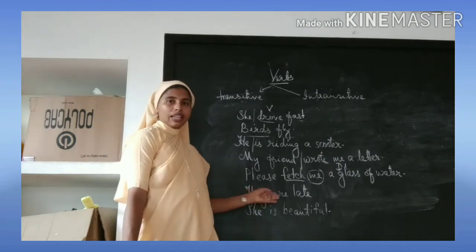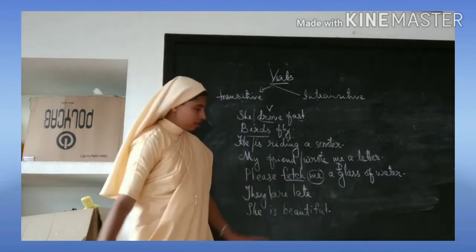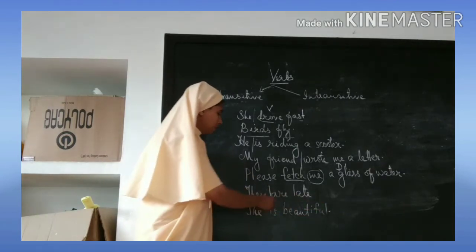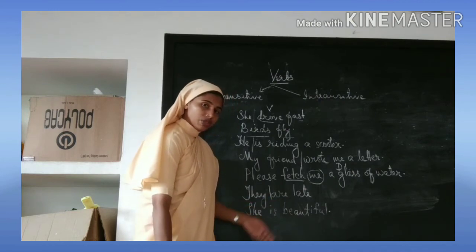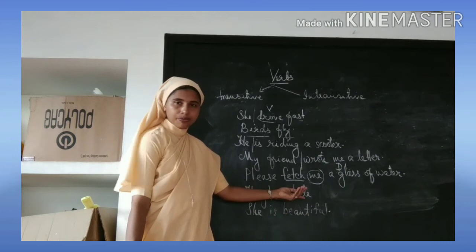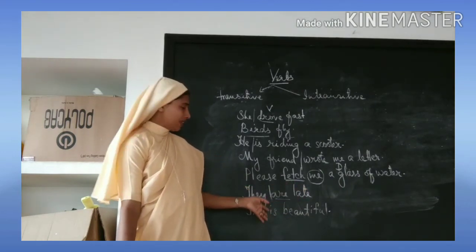Next one: they are late. Subject and predicate. They are late is the predicate. Which is the main verb here? Are is the main verb. And what is this? That's definitely the complement in the sentence.